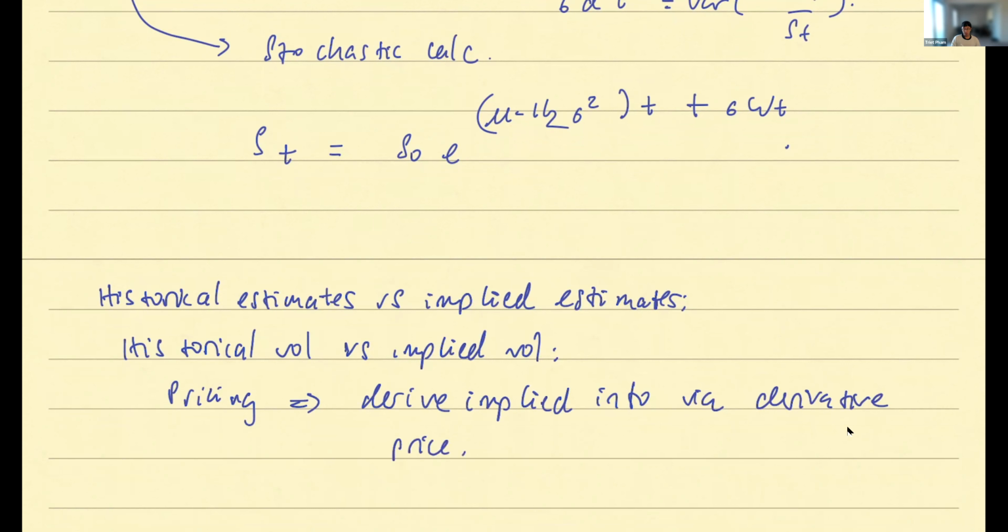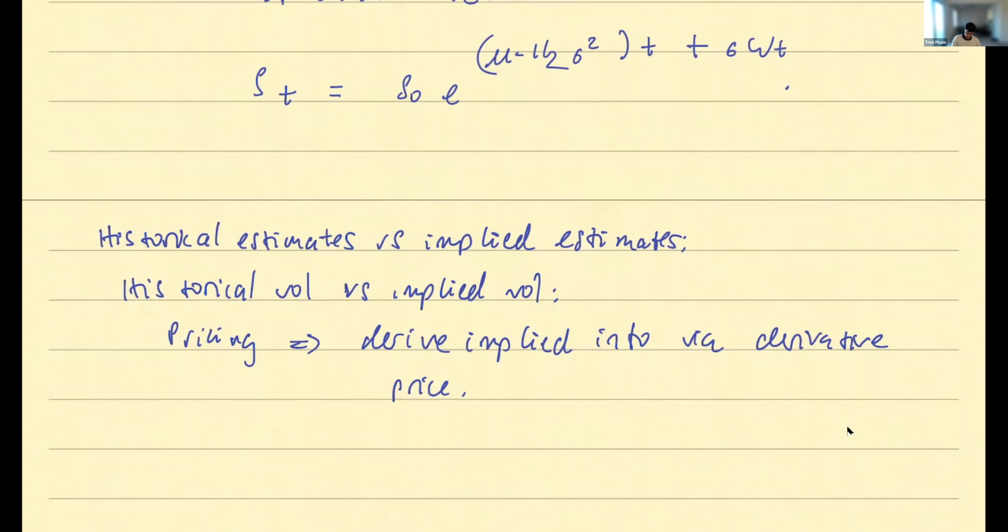So in particular, you can get the implied volatility from the pricing model.